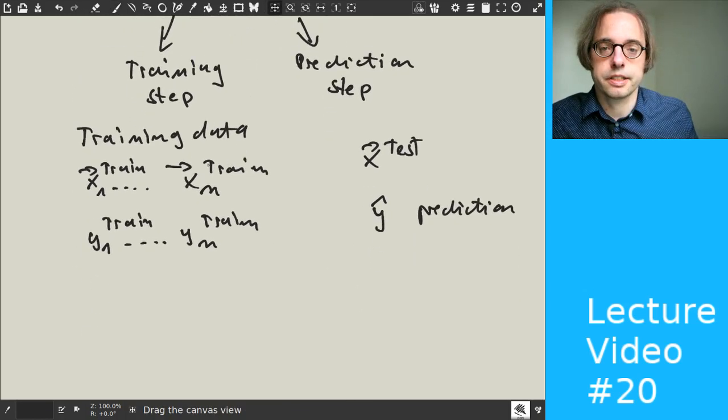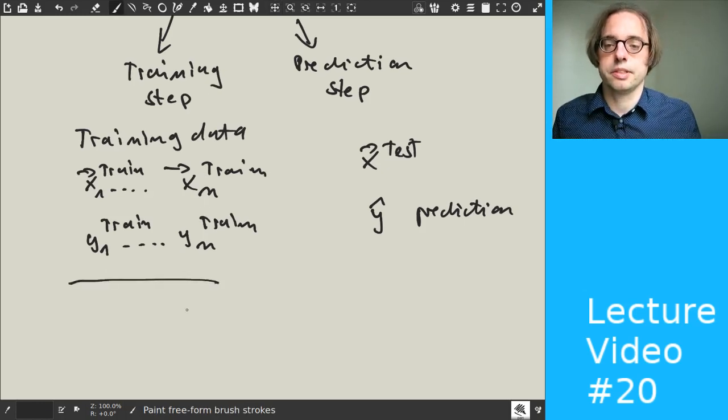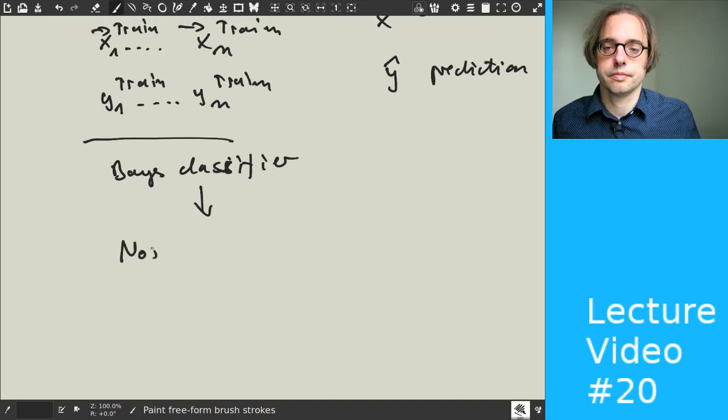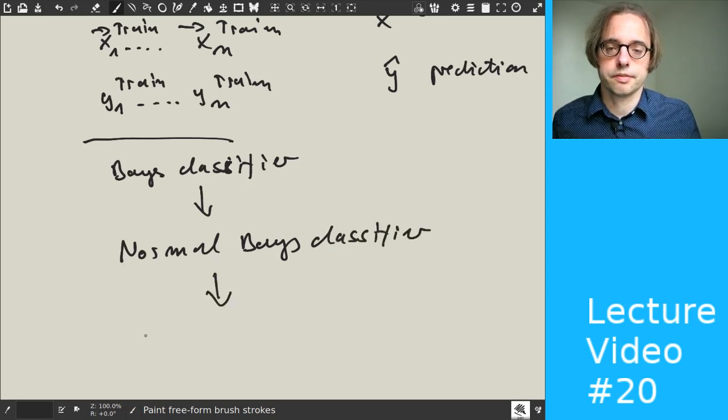We have now seen examples of classifiers. We have the Bayes classifier, and then the normal Bayes classifier, and as special cases we had QDA, LDA, and DDA.